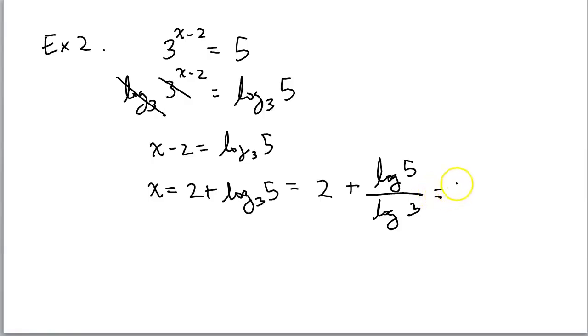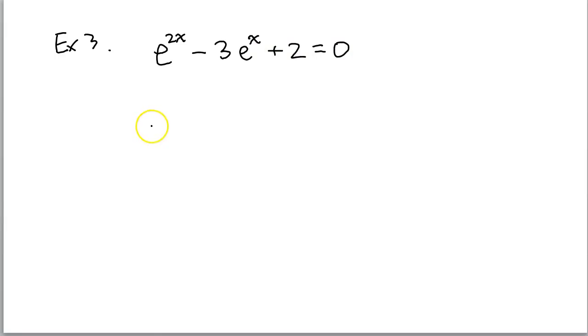It says 3.465. So it's about 3.465. So that's your approximate answer. If you want your answer in exact format, this will be your answer. Okay, so that's why we do need logarithms to solve all kinds of exponential equations.